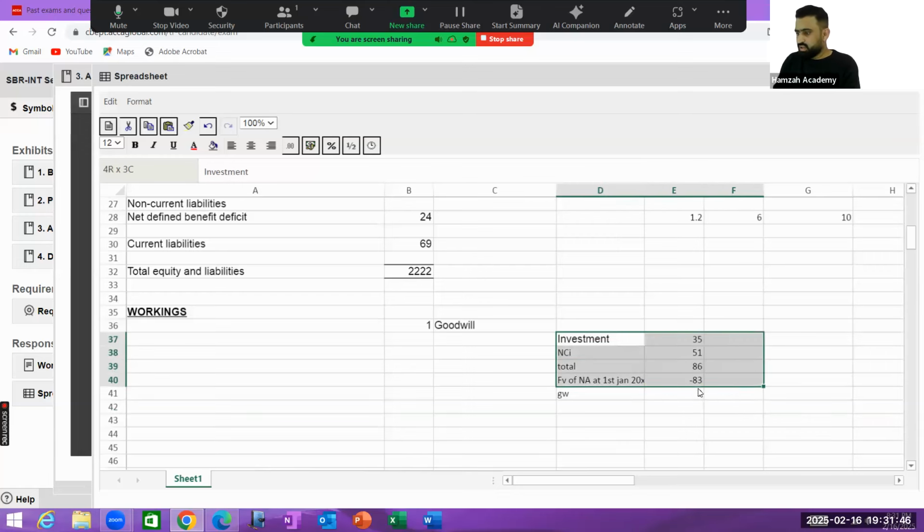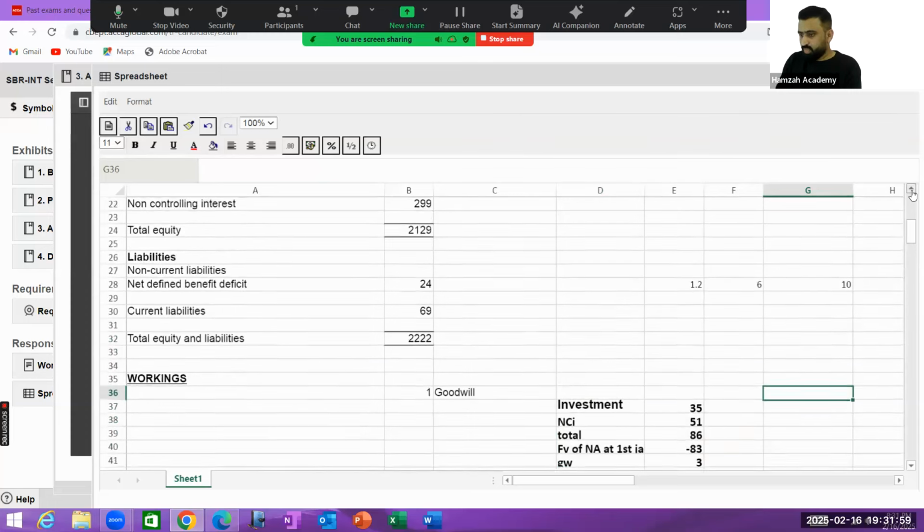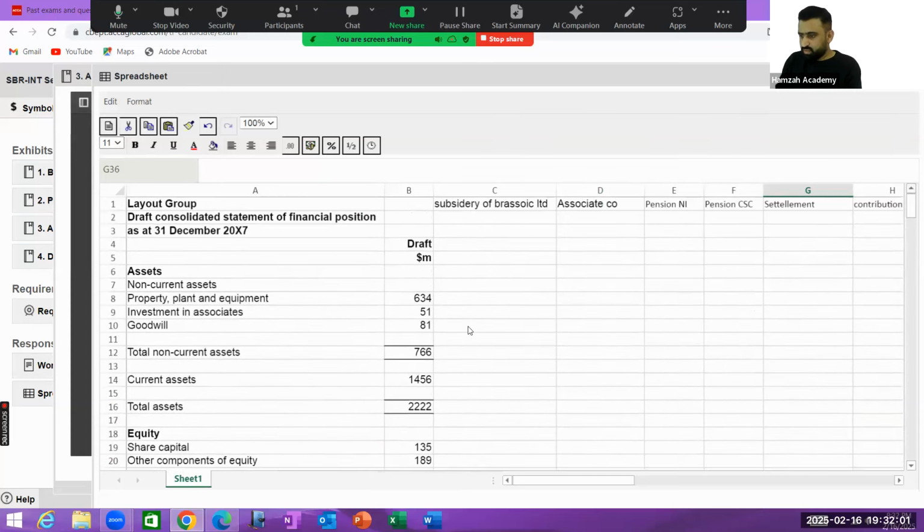And that value of the goodwill is recorded here in the consolidated statement of financial position, and that needs to be eliminated. So goodwill needs to be eliminated. So that value of the goodwill will be eliminated here. Okay.